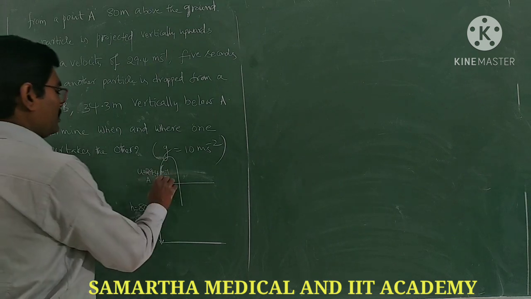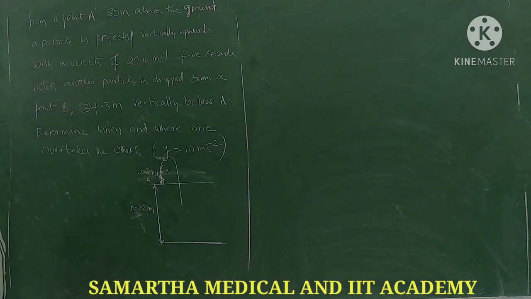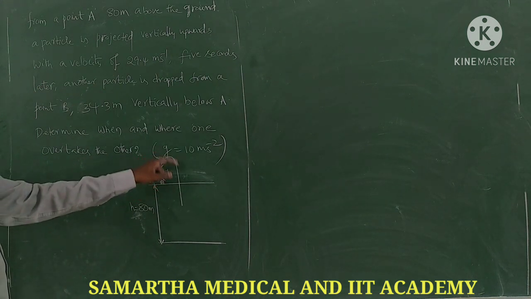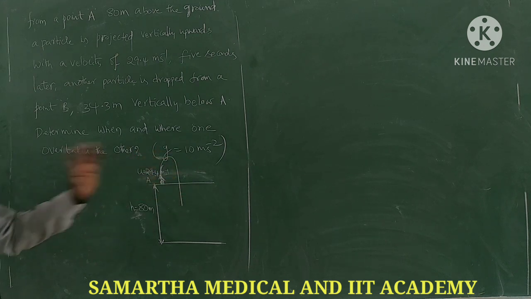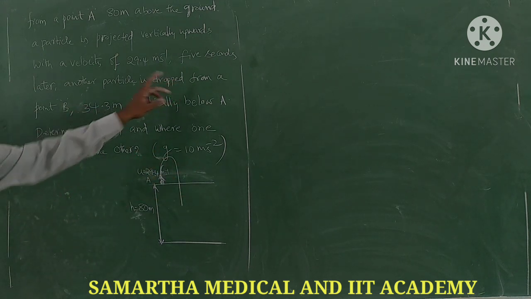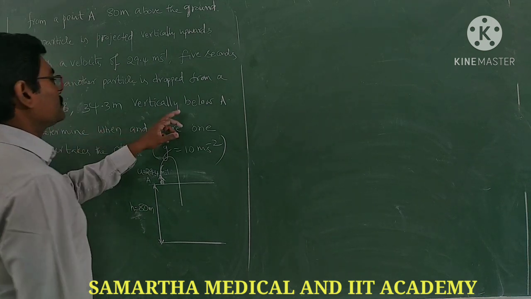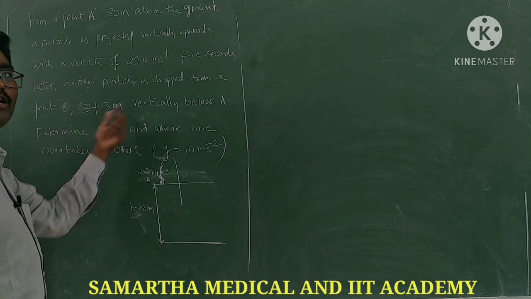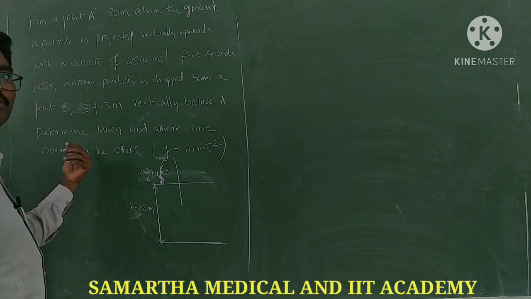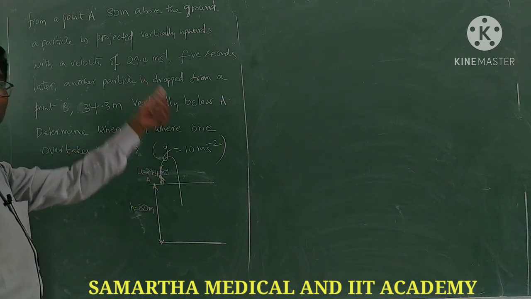So after it is projected, 5 seconds later, that means after 5 seconds of its projection, another particle is dropped from a point B, which is vertically 34.3 meter below it. Sir, how is it projected, sir? Vertically projected.